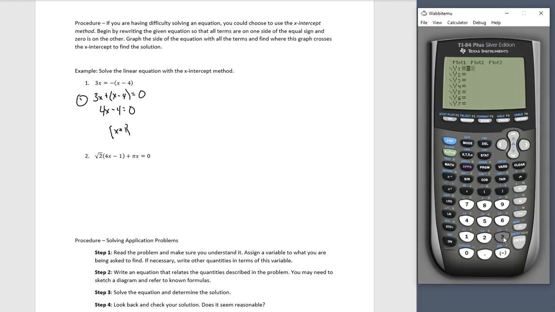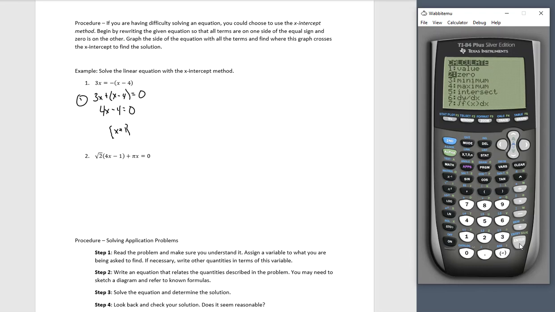Second step, and we could even go old school here, just type in exactly how my first step was written. Now, if this is equal to 0, that will be on the y-axis. The x-intercept can be found by calculating. It's in blue, so I'm going to choose that. I'm going to calculate the zero. What's it equal to?